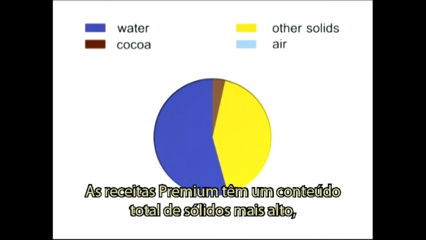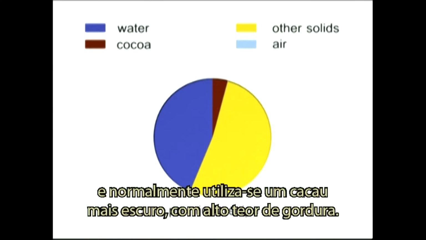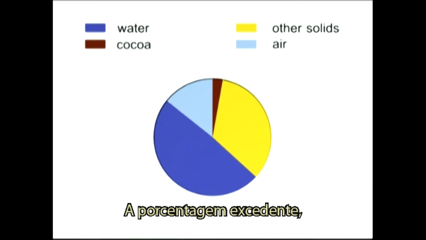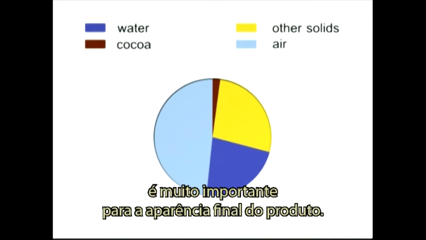Premium recipes have a higher total solids content. They require more cocoa powder, and often a darker, full-fat cocoa powder type is used. The overrun percentage, which typically is around 50% of the final product, plays an important role in the final appearance of your product.